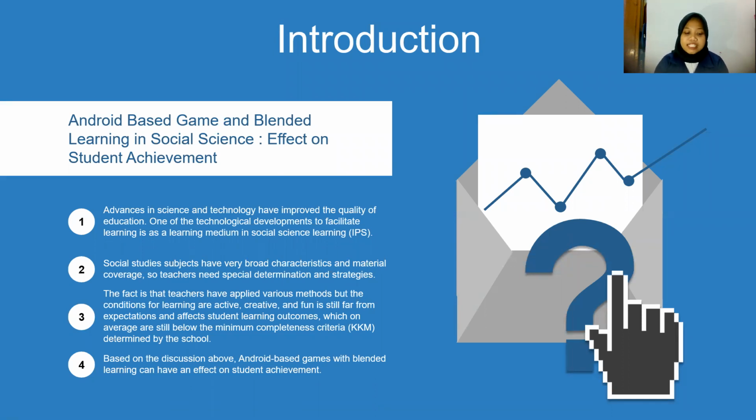The fact is that teachers have applied various methods, but the conditions for learning to be effective, active, creative, and fun are still far from expectation, and average student learning outcomes are still below the minimum completeness criteria (KKM) determined by the school.